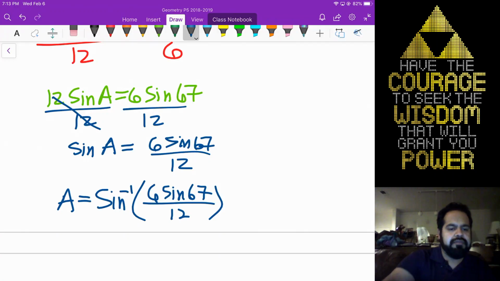That's going to give you an answer. Inverse sine 6 sine 67, close that off, divided by 12. And I get 27.4, so that's going to give us 27 degrees.